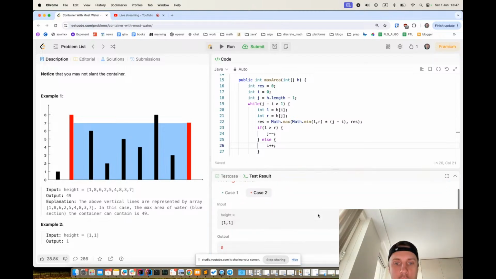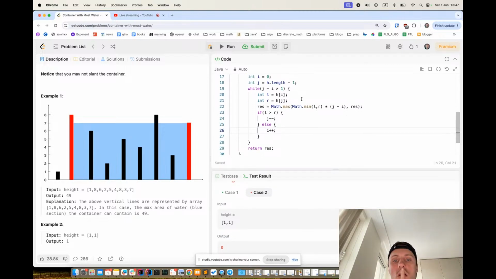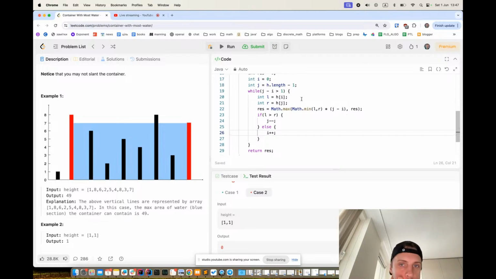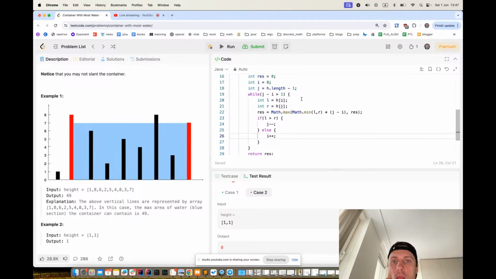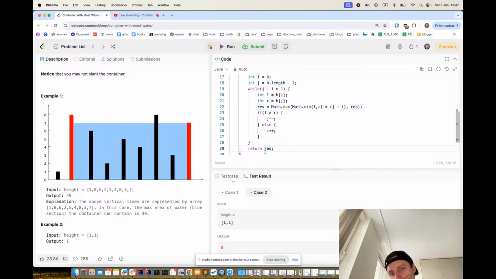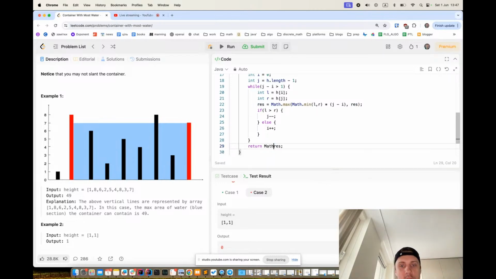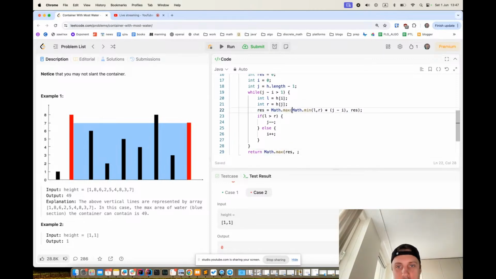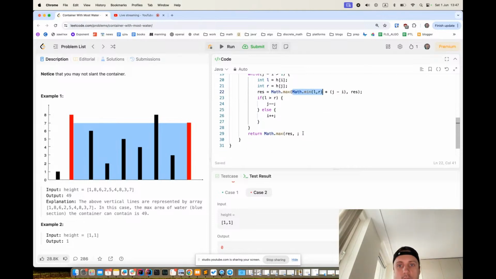All right, so here we have 1 and 1. So here we also should return the maximum between the result and these calculations. Result and 1. Yeah, because it will be always 1.